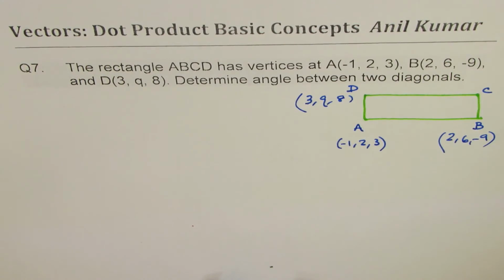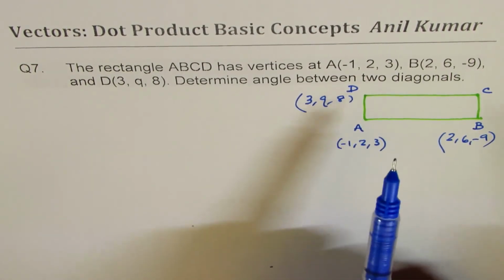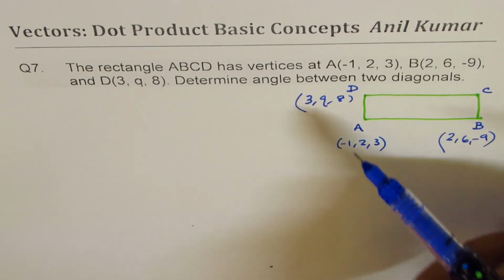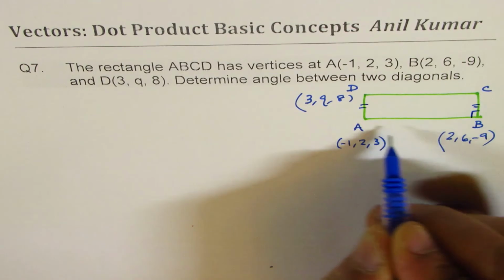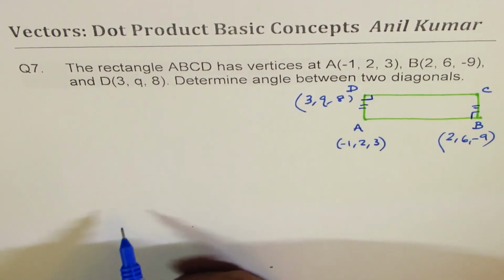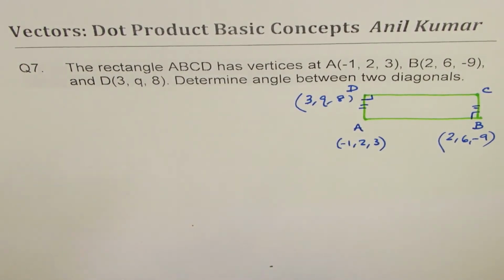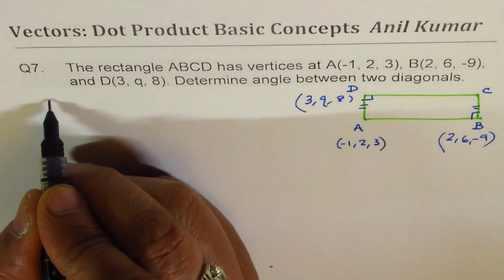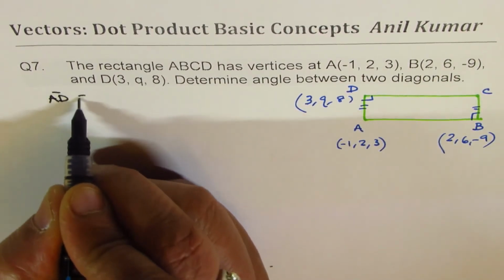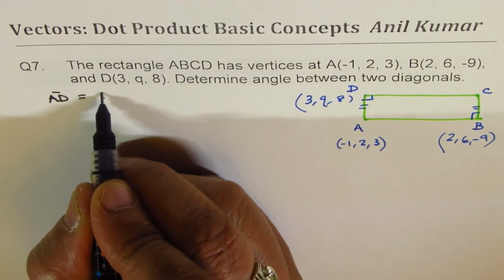Now there are a couple of ways to do it. Easiest way is, we can say that these two sides are equal and they are 90 degrees. Perfect. So we know that A to D is the same as B to C, right? So we know AD is the same as BC.